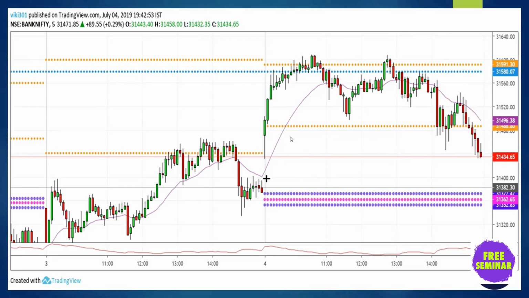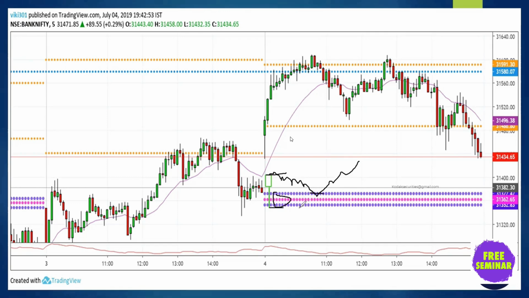Assume that Monday market opens with a bullish candle like this. If you enter here, then your stop loss should be here, because this is likely to work as a protection. That is what sometimes you see, that market comes down after you enter, price comes down, and then it takes support and again starts going up.